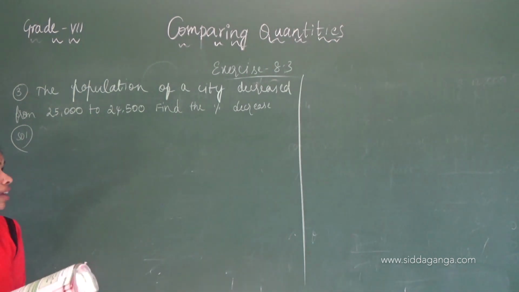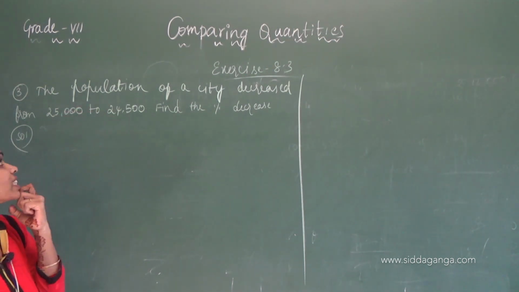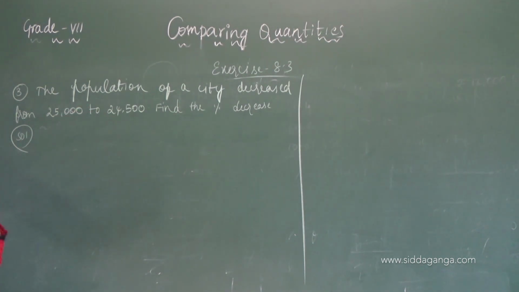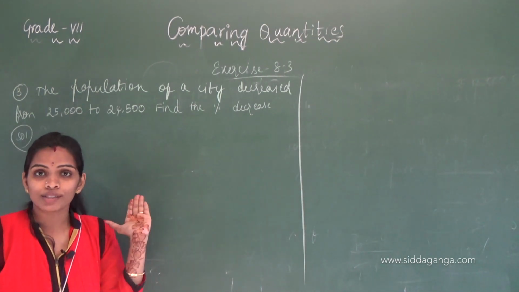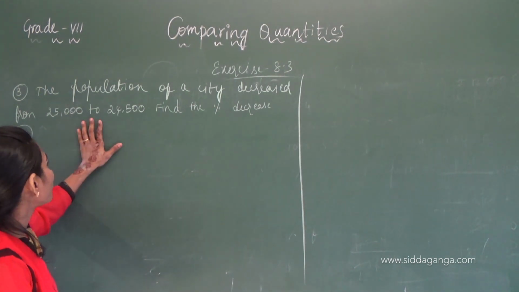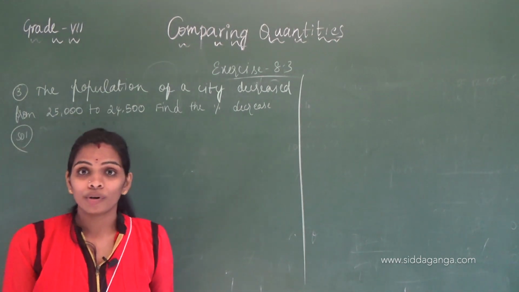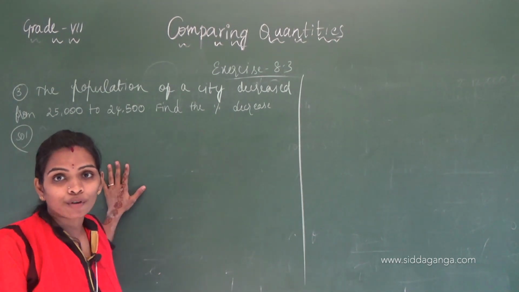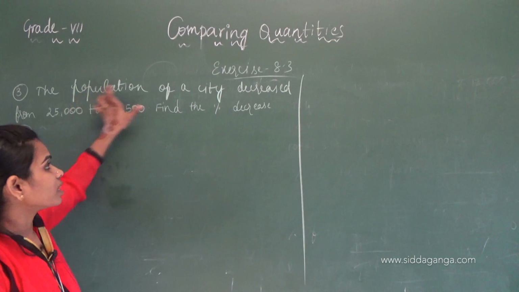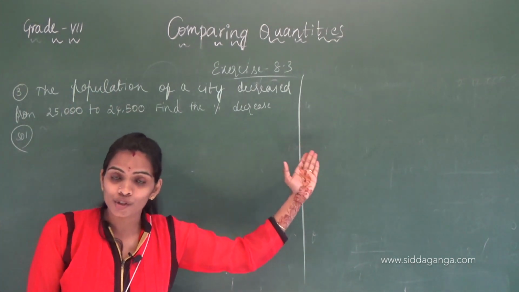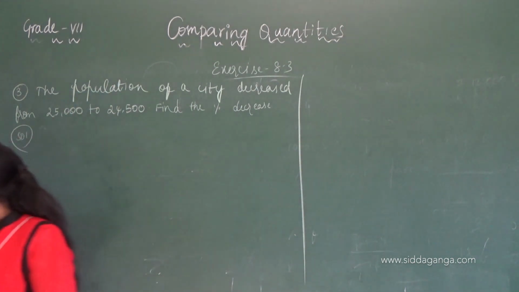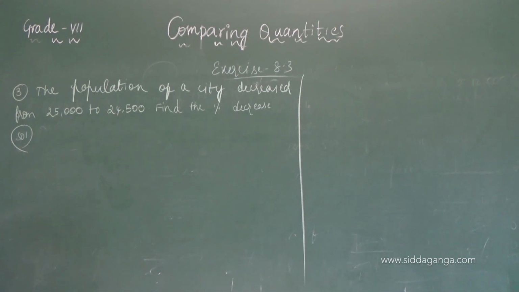Here what are they giving? They are giving the population of a city. At first, what is the population of the city? 25,000. Now what is the population of the city? 24,500. It is decreasing, correct? They are asking us to find the percentage of decrease. What do we have to do?